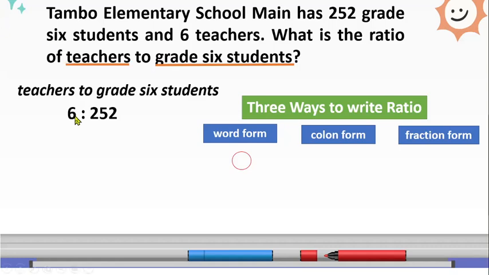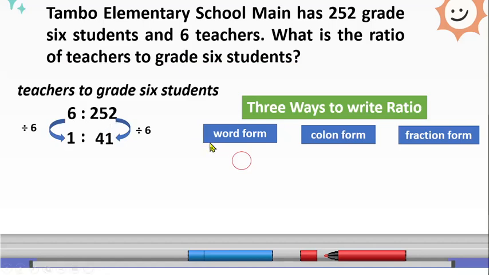So, si 6 at 252 ba ay merong GCF? Tama, meron. Ang kanilang GCF ay 6, they are both divisible by 6. So 6 divided by 6 equals 1. 252 divided by 6 is equal to 42.